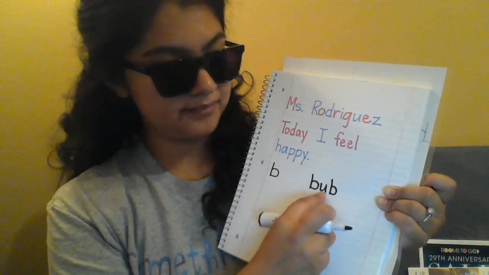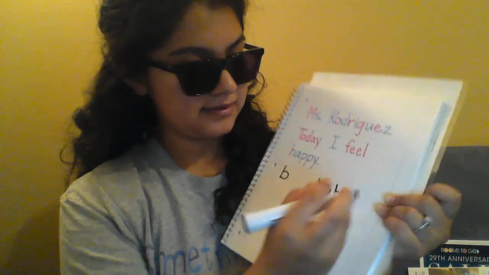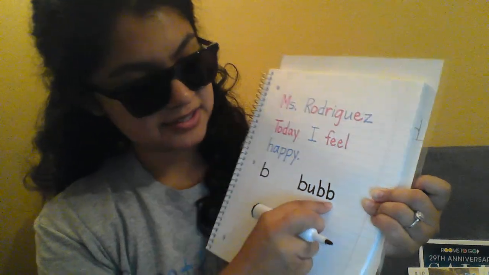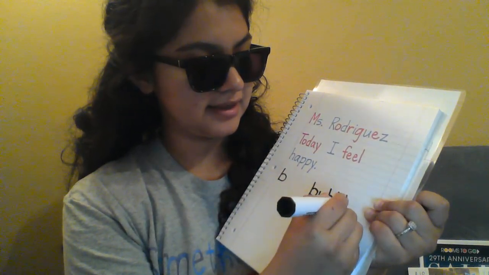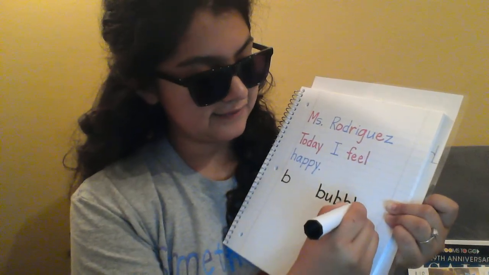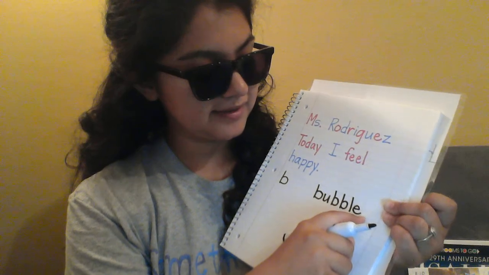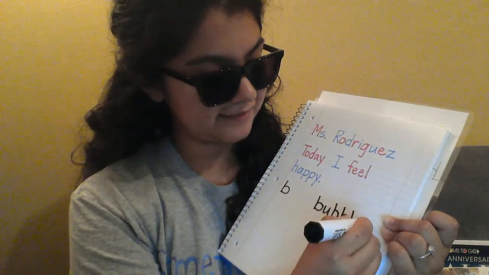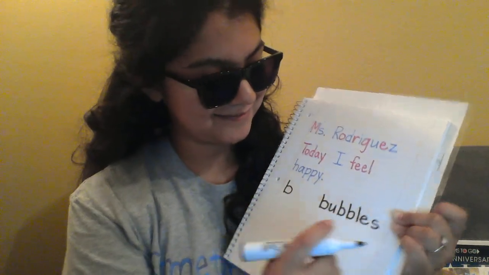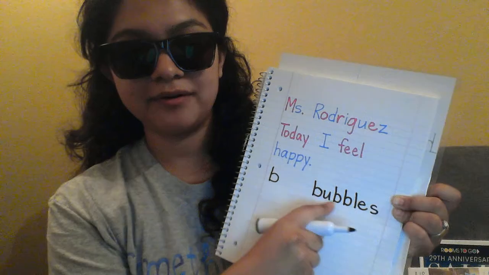So I have part of it, bub. And then the word bubbles has two B's right next to each other, just like this. L, L, L. It has a silent E that you don't hear. And what is the last letter in my word? Bubbles. What letter makes that sound? S. So B for bubbles.